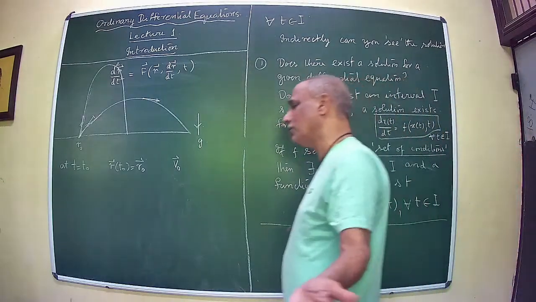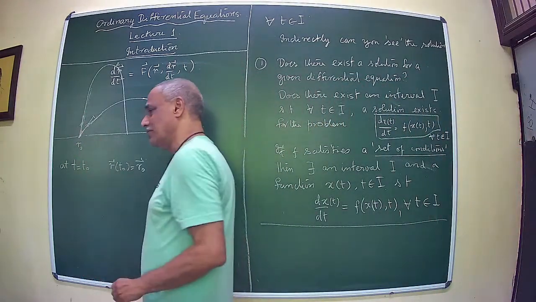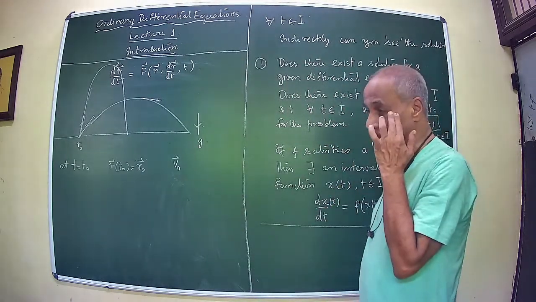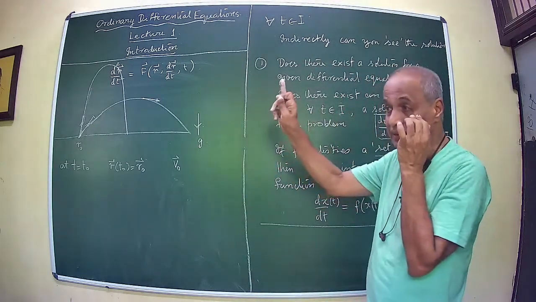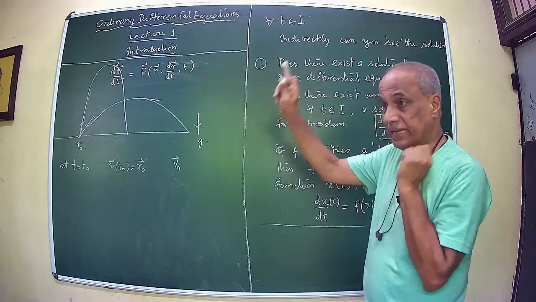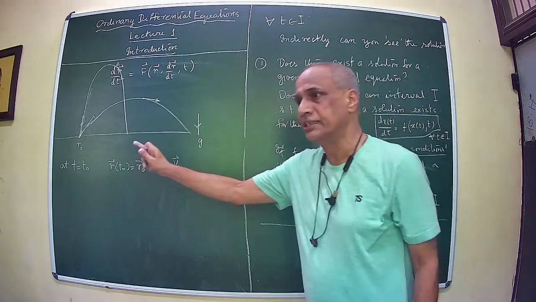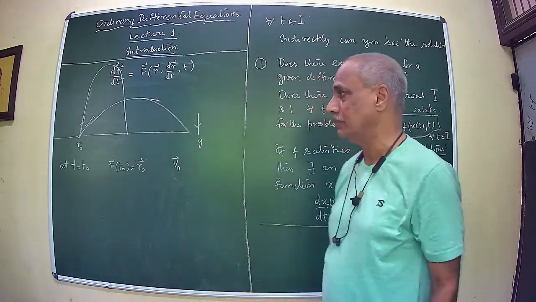So that we have found out, and you can explicitly find out the path of the particle once you have the initial parameters. And there is only one path along which it goes. And that one path depends on two things, namely the initial position as well as the initial velocity.